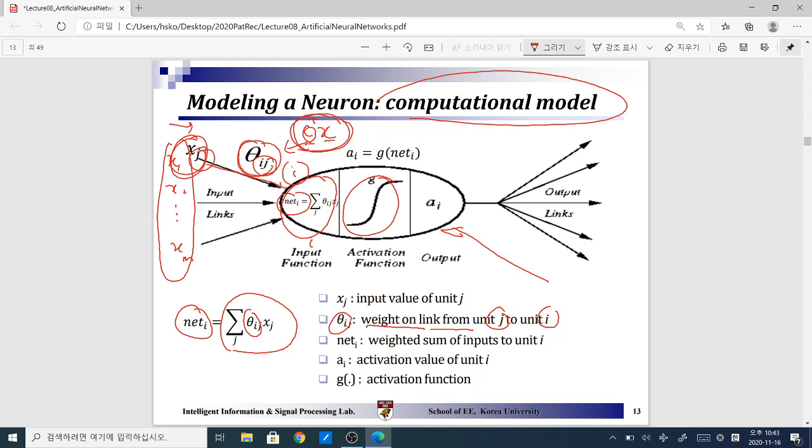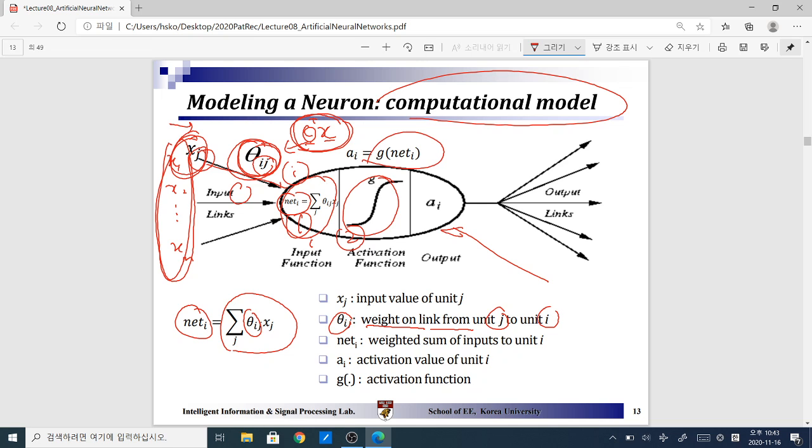So it performs aggregation, a weighted sum of the input features, by multiplying these input features by each of these parameters. And the second function of this neuron is to perform a nonlinear mapping.